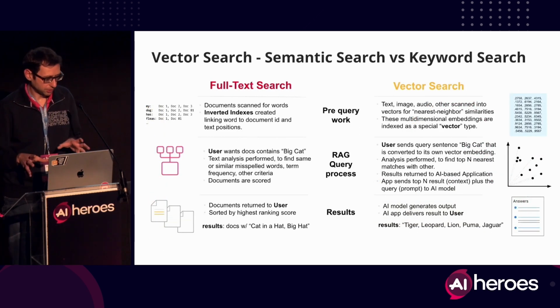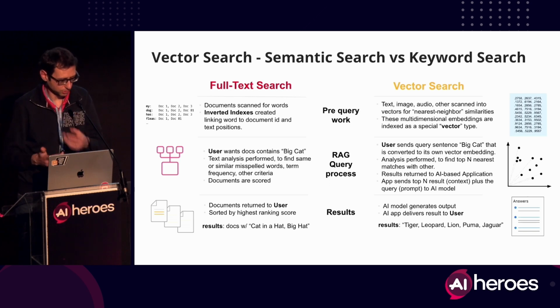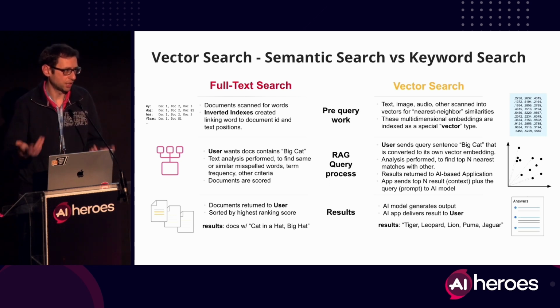Another concept is vector search versus full text search. Some databases like Couchbase support both, so you can mix different kinds of search. You can do classical full text search based on terms. It's not a semantic search, it's not based on the meaning of the words, it's just to find similar words.